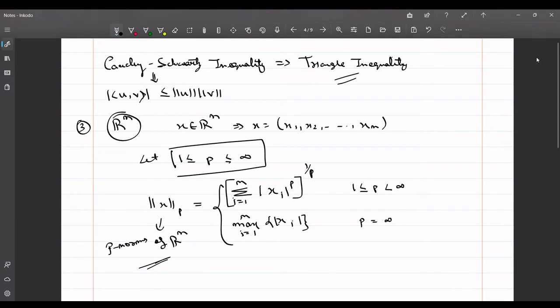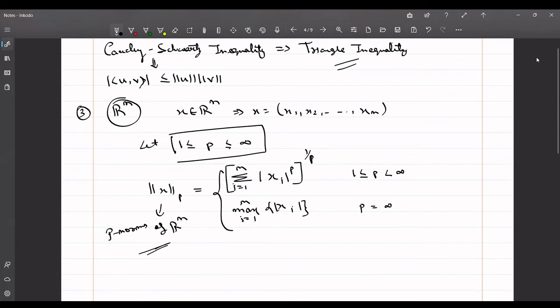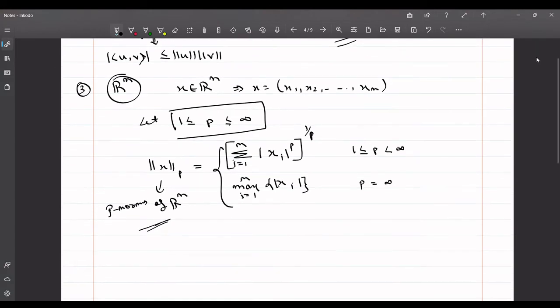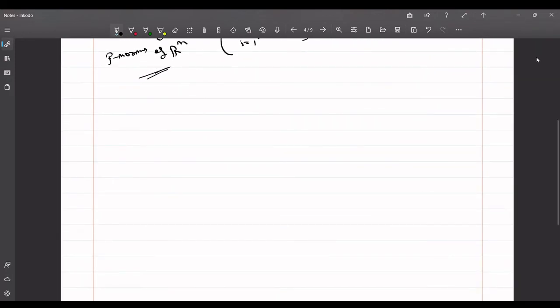If this was R, that is if n were equal to 1, then all these p norms would be the same as the modulus of x, which we have already defined as an example. But if n is not equal to 1, then we can define p norms. Now we need to prove that this definition of p norm is indeed a norm, that is, that Rn is a normed linear space with respect to this p norm.